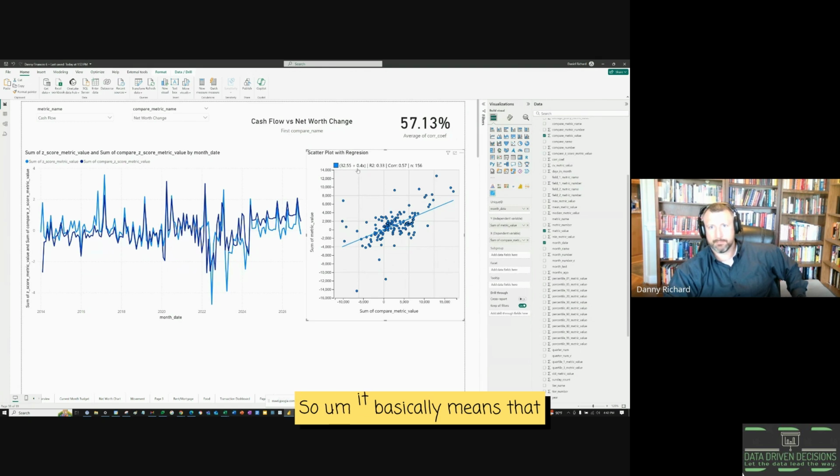So it basically means that for every dollar I put into positive cash flow, my net worth increases by 40 cents. So it's a big part of net worth change is having positive cash flow.